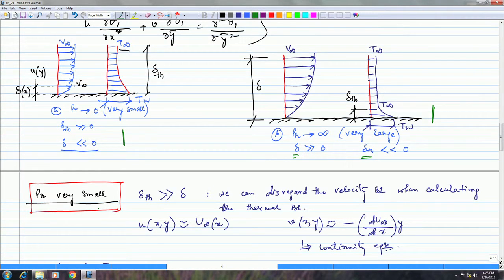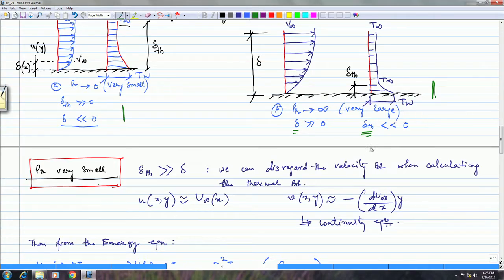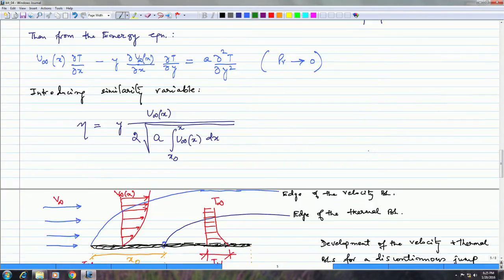What we're going to discuss now is when the Prandtl number is very large, which means that the thermal boundary layer thickness is very small. Okay, so let us do that now.